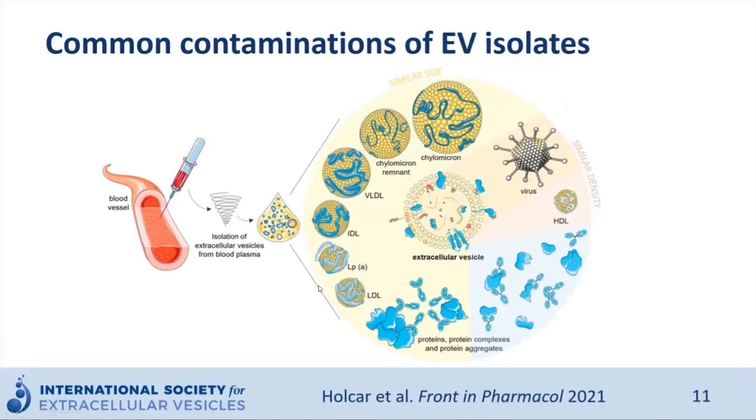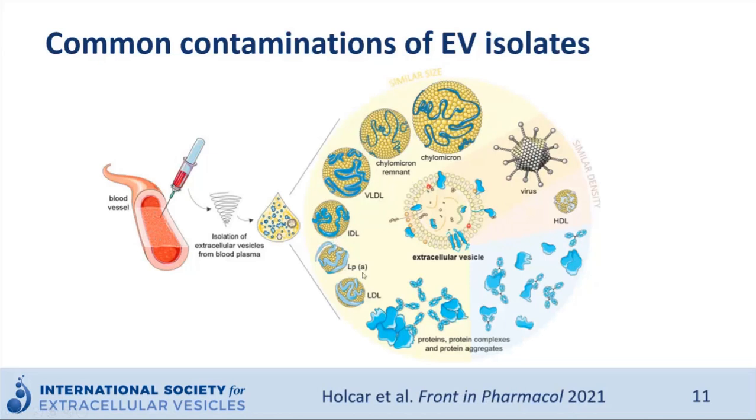But in EV studies, we have to take co-isolating contaminations into account. So, for example, in human plasma, the most common contaminants are high abundant proteins like albumin and lipoproteins.